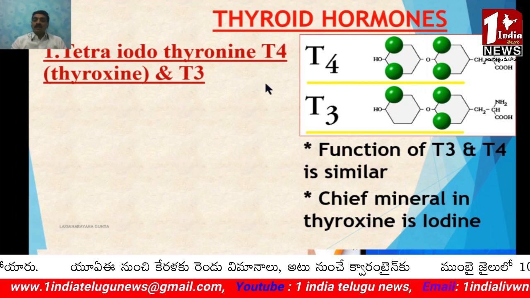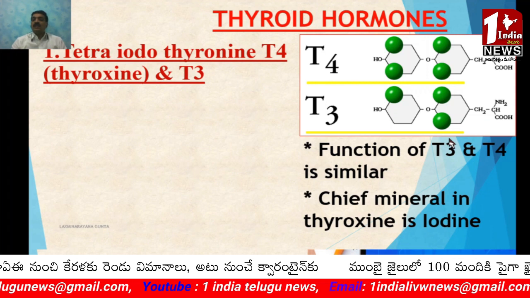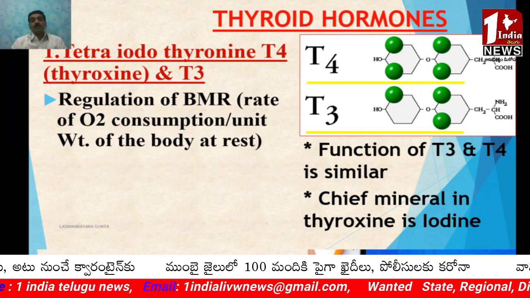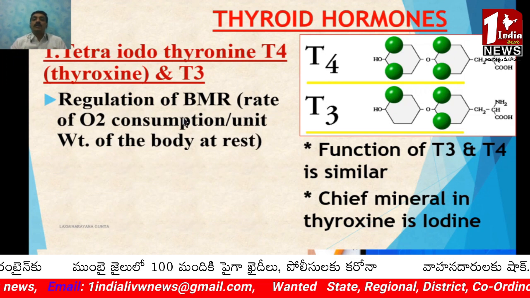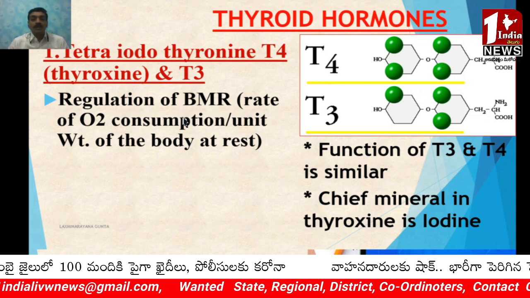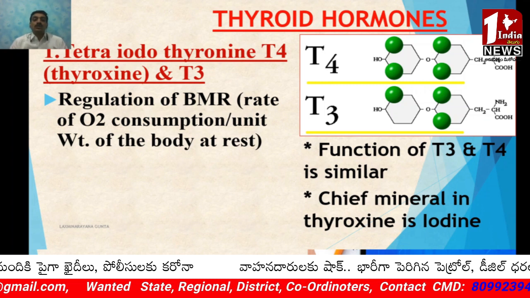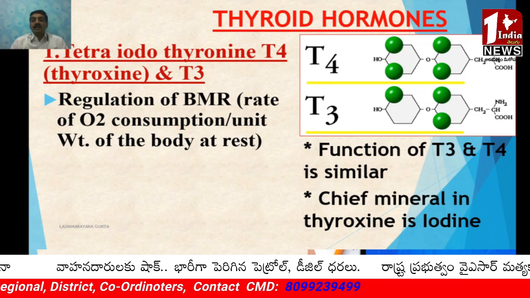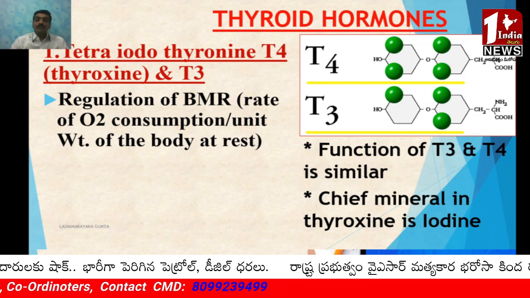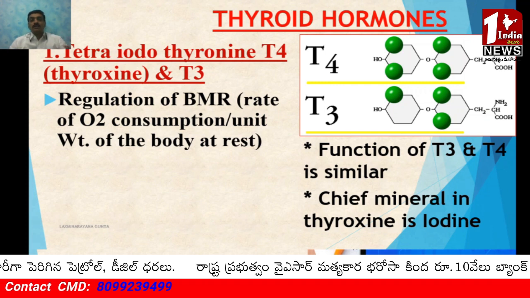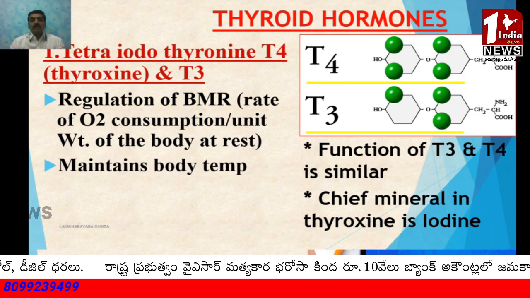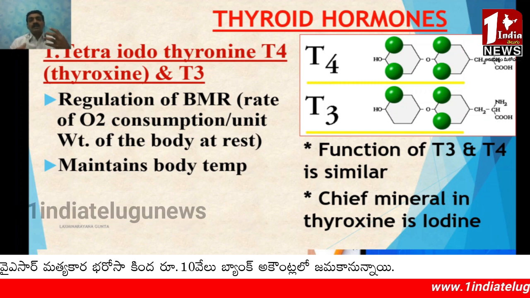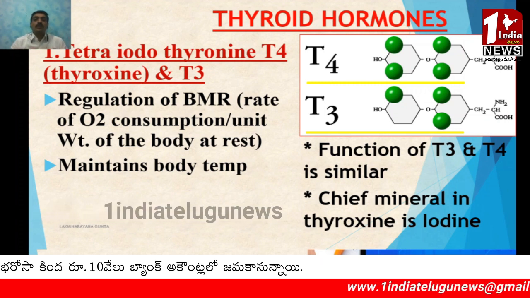And the function of T3 and T4 is similar. It is responsible for the regulation of basal metabolic rate. Basal metabolic rate is the rate at which O2 is consumed per unit weight of the body at rest, and this is regulated by the thyroxine. It also maintains the body temperature, as it is responsible for metabolism.